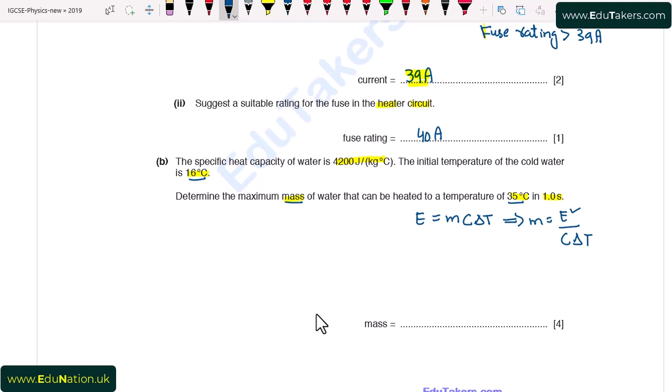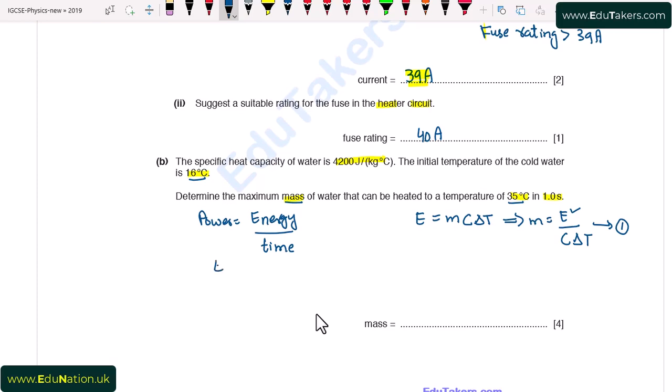For that we use the formula of power, that power is equal to energy per unit time. So I write here power is equal to energy over time. From here we can calculate the value of energy.